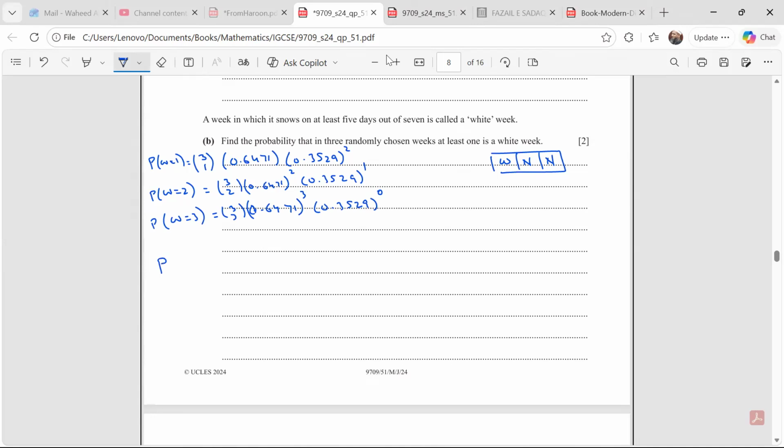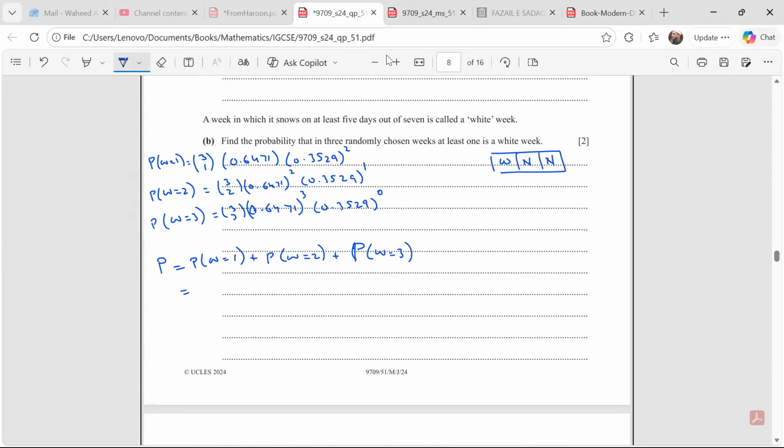So the required probability is probability that W is equal to 1 week is white, or 2 weeks are white, or 3 weeks are white. Okay, so probability of one white week is this thing.